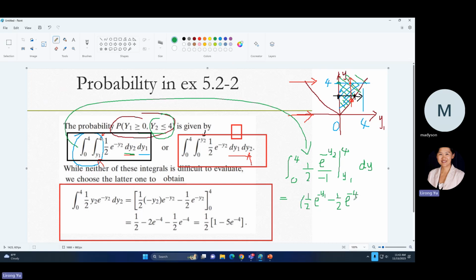And then we integrate dy1 from 0 to 4. We integrate the 1/2 e to the negative y1, which is e to the negative y1 over negative 1. The other term is a number, so the antiderivative will be e to the negative 4 times y1. Then we plug in 4 and plug in 0.